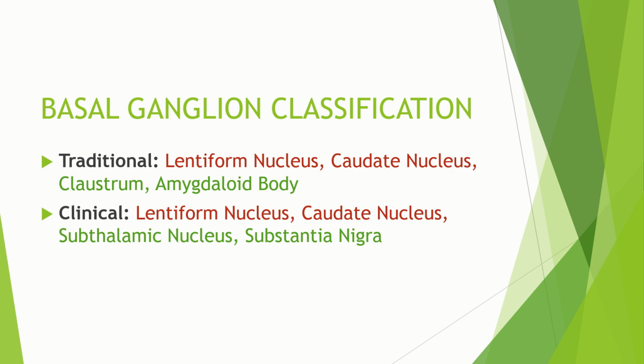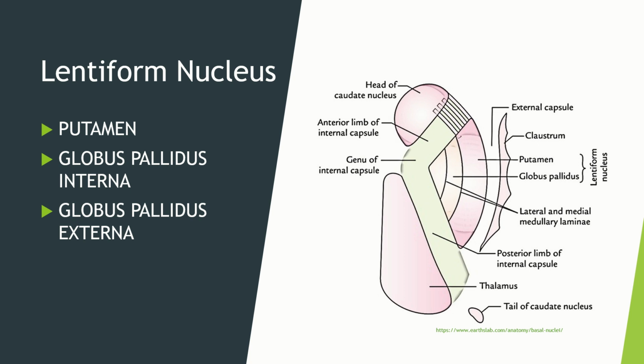In both classifications, you will find the lentiform nuclei and the caudate nuclei. However, unique to the traditional classification, you will find the claustrum and the amygdaloid body. And unique to the clinical classification, you will find the subthalamic nucleus and the substantia nigra.